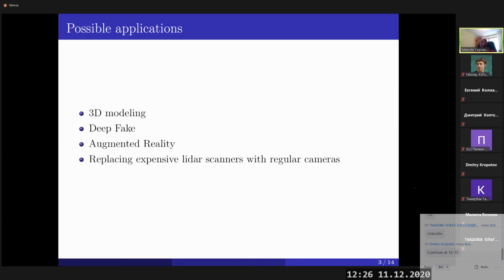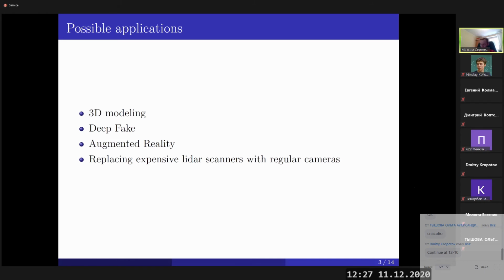We often don't have expensive lidars or depth scanners, so we only have access to two-dimensional images, and we would like to recover the 3D model of the space in which that image was captured, or recover a 3D model of some captured objects.